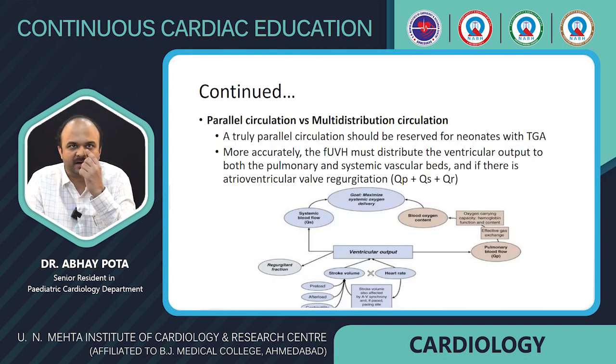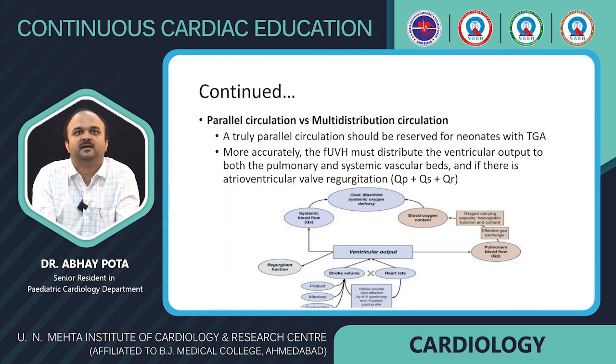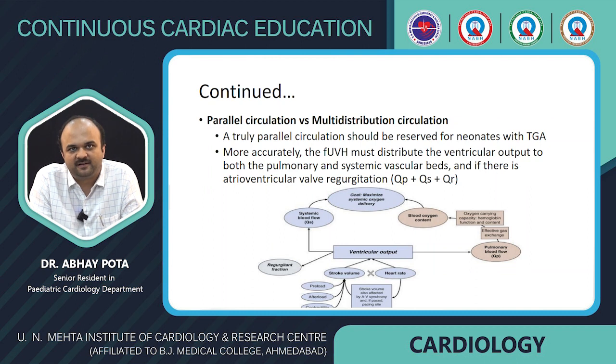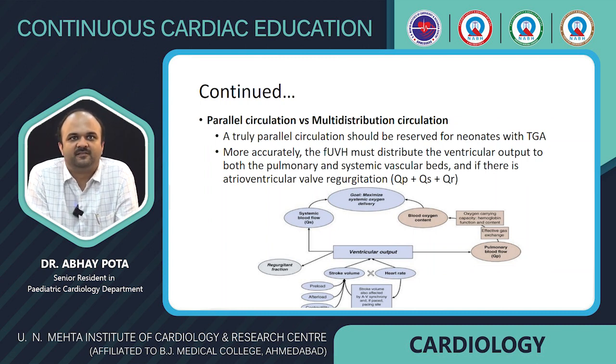Next is parallel circulation. These days, the more preferred term is multi-distribution circulation, because a truly parallel circulation should be reserved for neonates with TGA, transposition of great arteries. More accurately, these functionally univentricular hearts must distribute the ventricular output to both the pulmonary and systemic vascular beds, and if there is atrioventricular valve regurgitation, that is QP plus QS plus QR, all these three are distributed by the single ventricle, so that is more of a multi-distribution circulation.